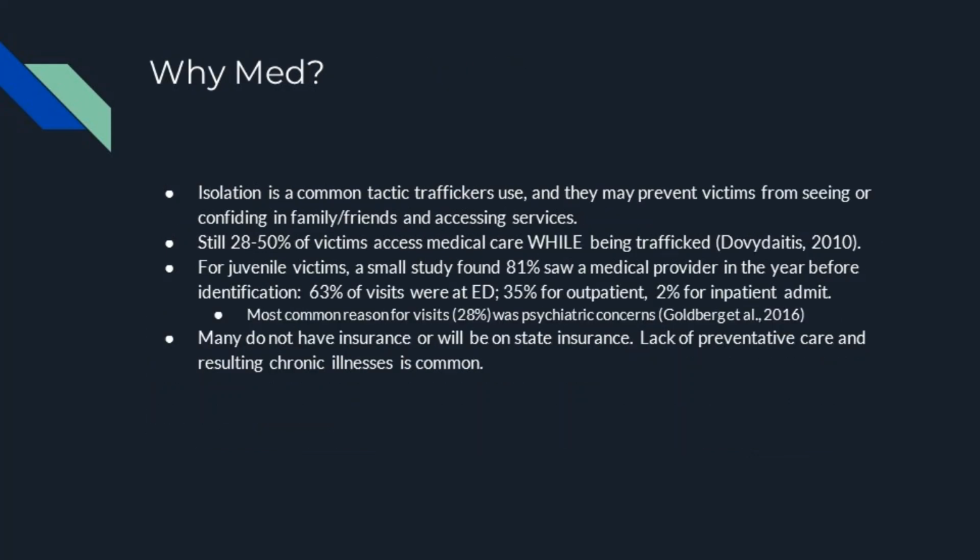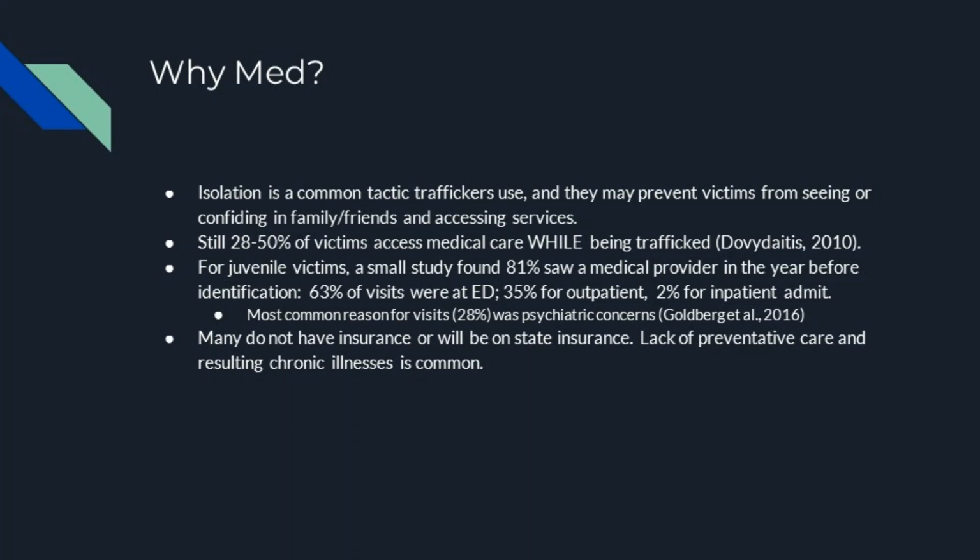Medical professionals are probably the most likely professional a trafficking victim is going to have contact with. And part of this is because traffickers use isolation as a tactic to prevent their victims from having contact with their victim support system or anyone who might possibly be able to help.